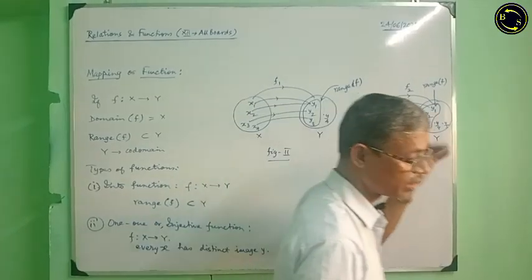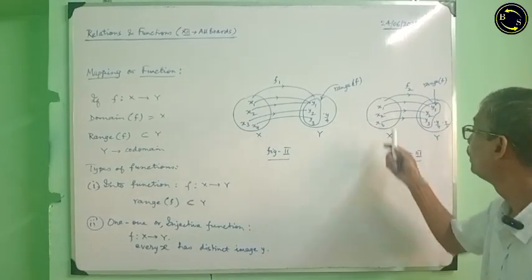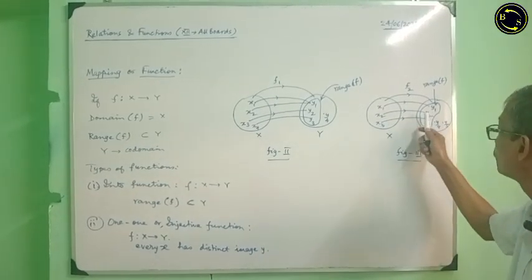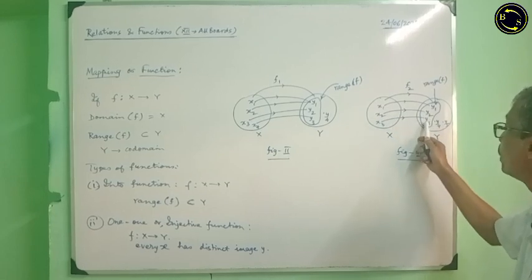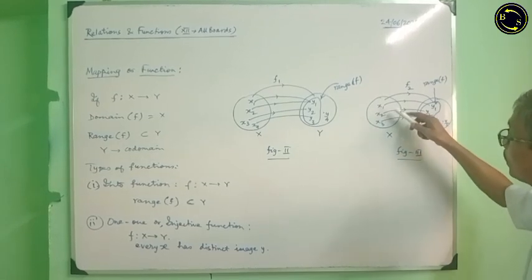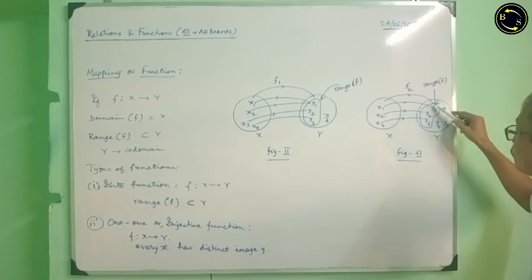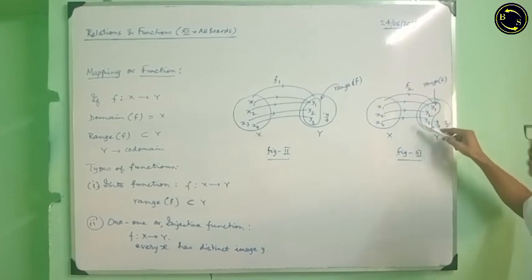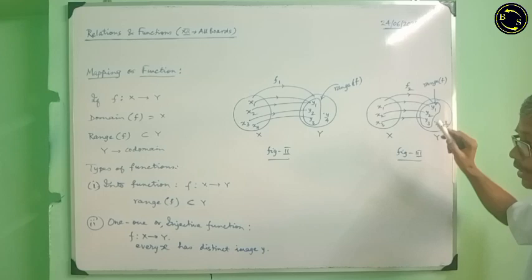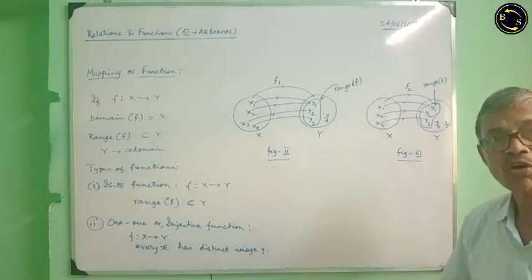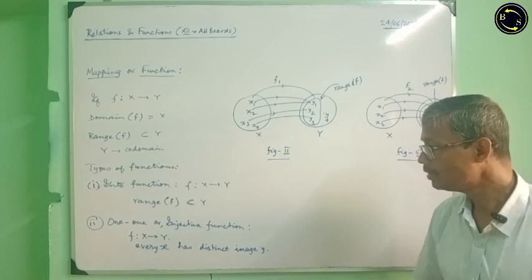Note this case. x1 is related to y1, x2 is related to y2, x3 is related to y3. That means distinct pre-images have distinct images. This case is the case of a 1-1 function or injective function or injection.